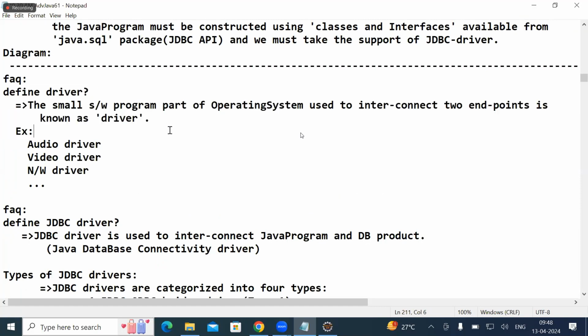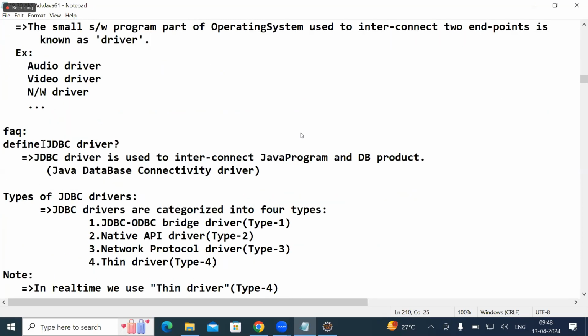The small software program, part of the operating system, used to interconnect two endpoints is known as a driver. A JDBC driver is connecting two endpoints, the JDBC program and the database product, known as the Java Database Connectivity driver.